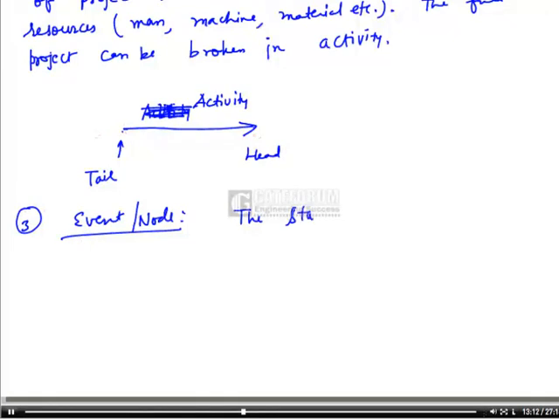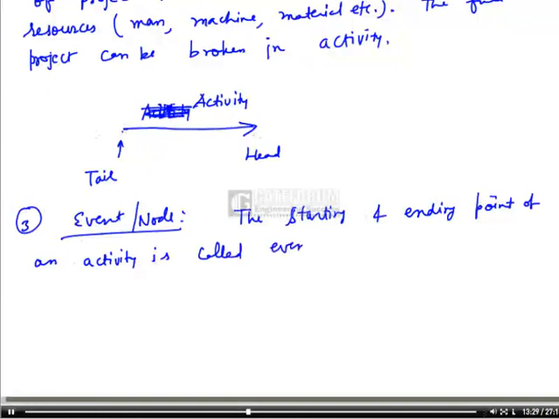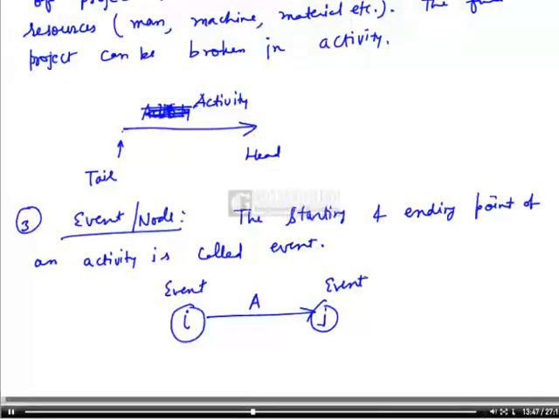So the starting and ending point of an activity is called an event. So for example, this is I, this is J, this is activity A. So this is one event, this is another event. This is the tail node, this is the head node.